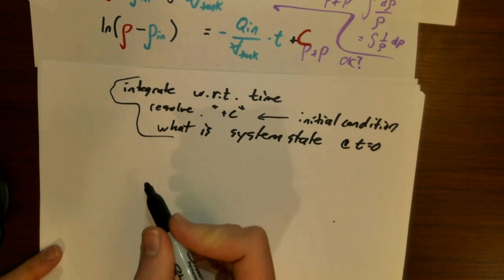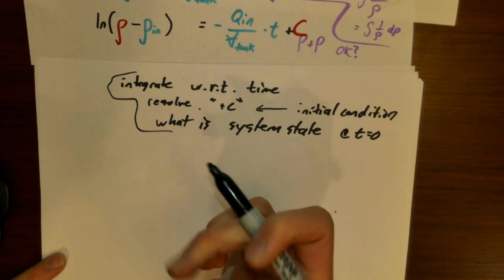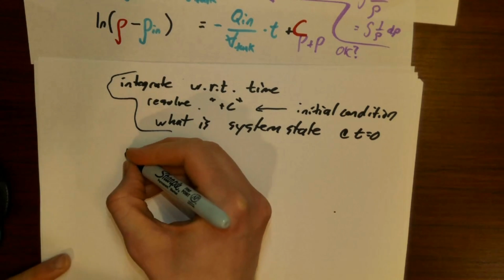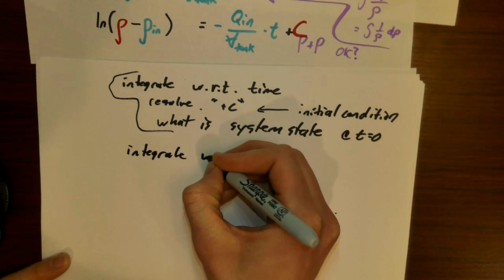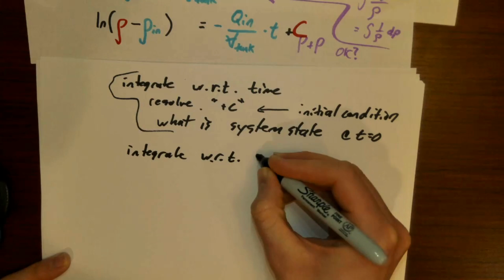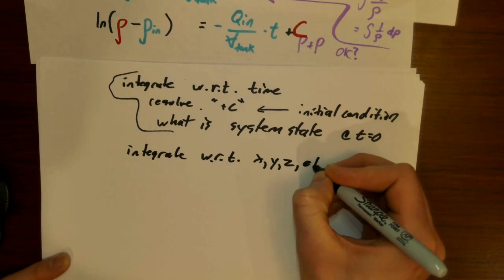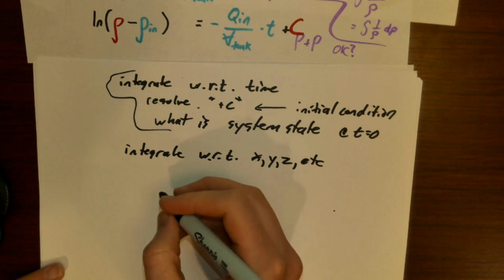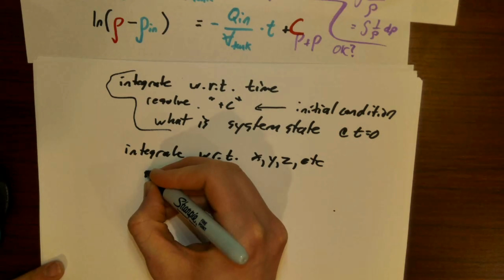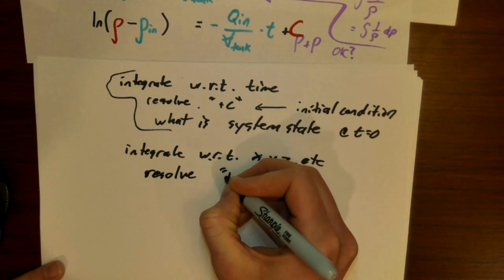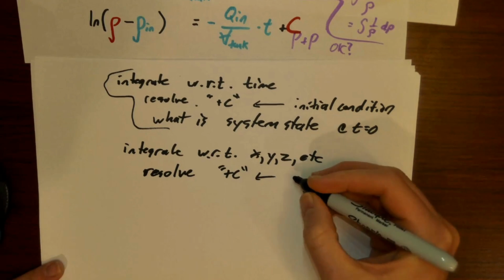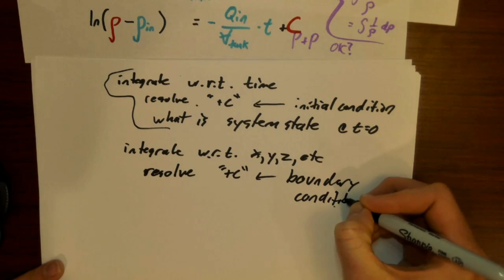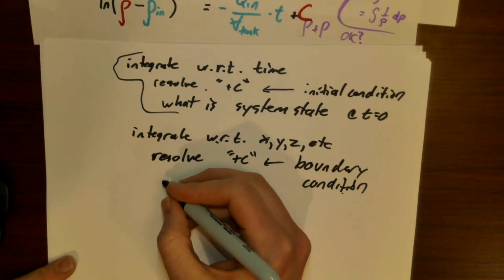Just as an aside, later, when we solve other problems, we're going to do integrations with respect to spatial variables. And generally when you integrate with respect to x, y, z, etc., and it's an indefinite integral, you resolve the plus c business with what's called a boundary condition, which describes something about your system.